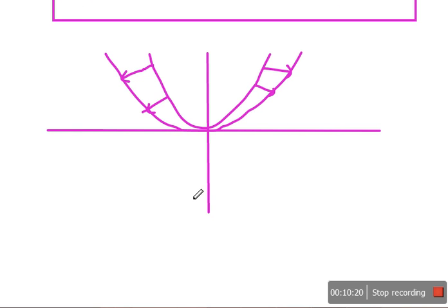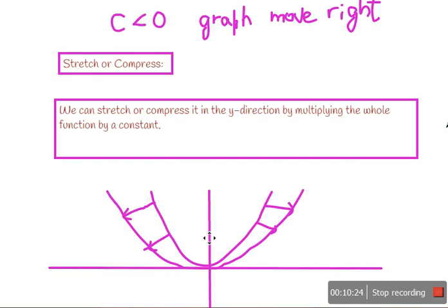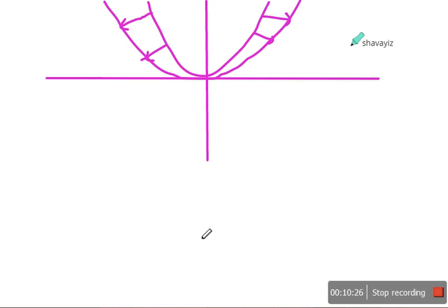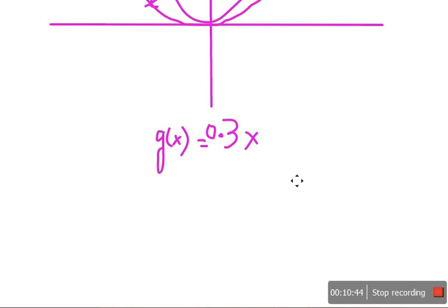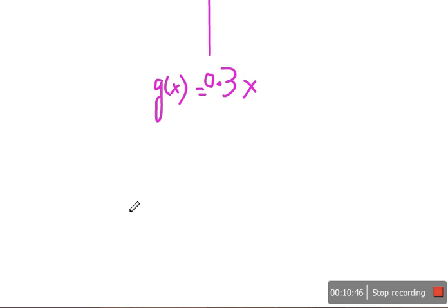We have actually multiplied something with the whole function. Say this is the function g of x, and we multiply it so it becomes 0.3 g of x. Now there is an important point here.